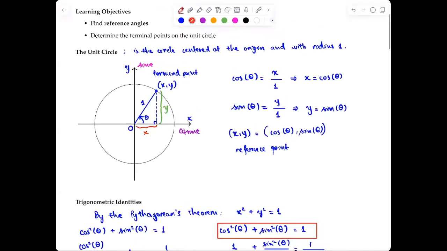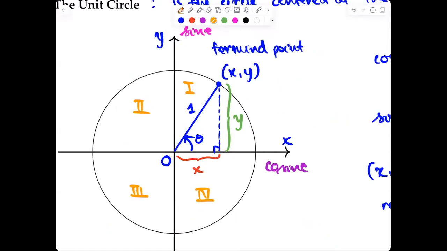So this one is quadrant 1, this is quadrant 2, this is quadrant 3, this is quadrant 4. Now, for each quadrant, you have different signs for x and y. In the first quadrant, x and y are both positive. You with me on that? So cosine is positive, sine is also positive for the first quadrant.